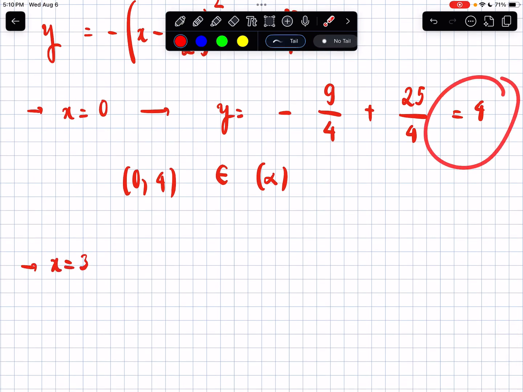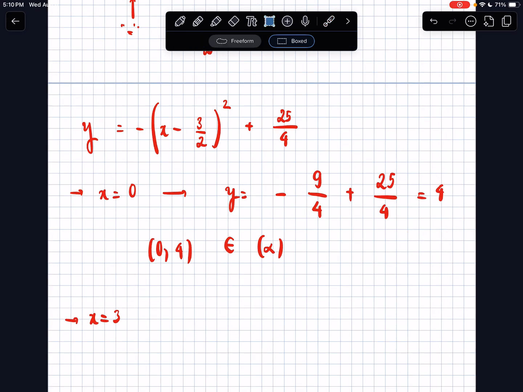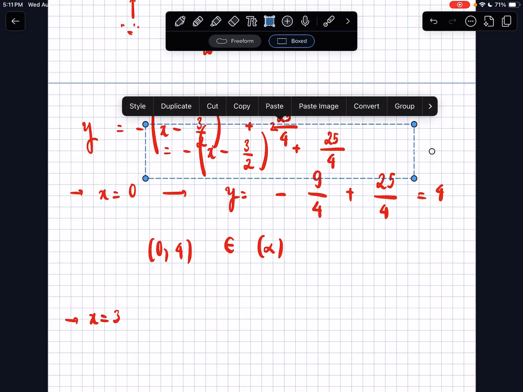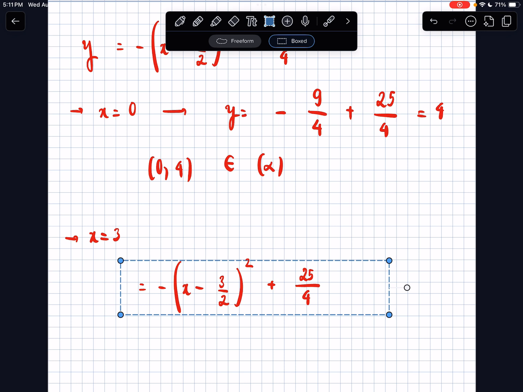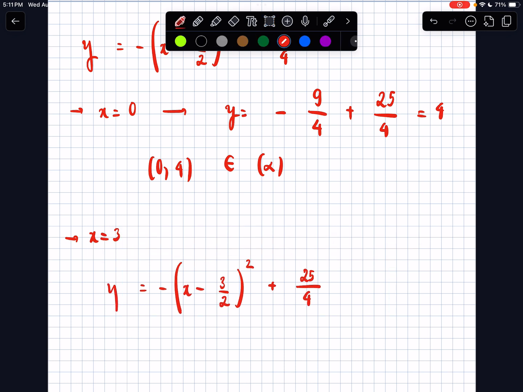You can double check by plugging into this formula. For x equal to 3, y equals minus (3 minus 3 divided by 2) squared, which is 9 divided by 4, so minus 9 divided by 4 plus 25 divided by 4. So we also have 4.